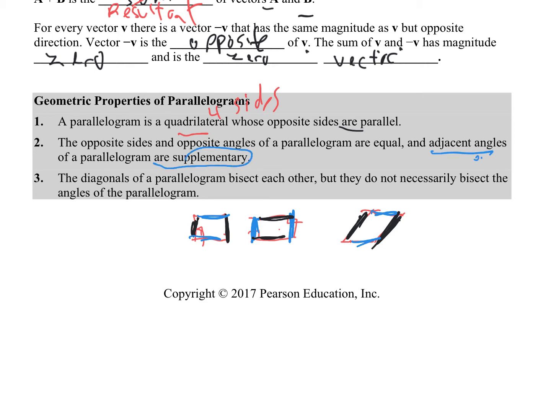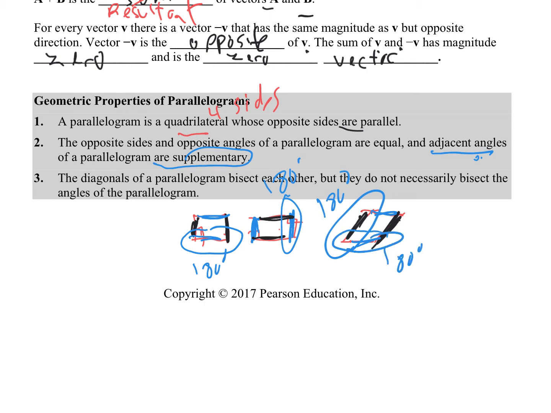That means these two angles add up to 180 degrees, always. These two angles will add up to 180 degrees, always. Alternate means any two, and I just picked two. I could have picked those two, which would also add up to 180 degrees.